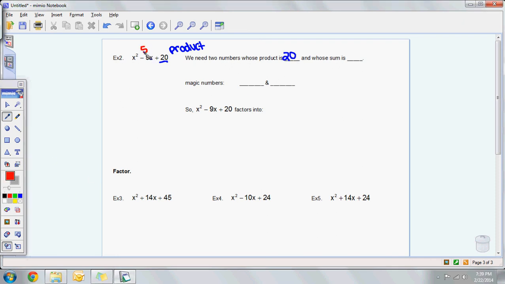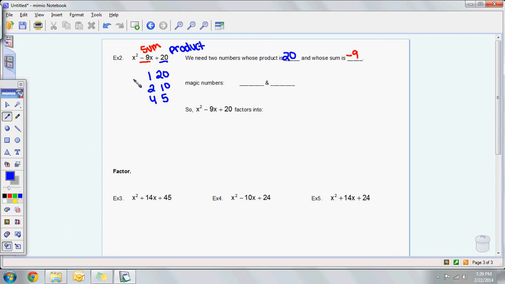Now notice that our middle number is negative. So this time it's a negative 9. Okay, so this one's going to be a little different than the one we just did. So always start out by finding your factors of this last number. So we have 1 and 20, 2 and 10, 3 doesn't work, 4 and 5, and I'm done. Okay?